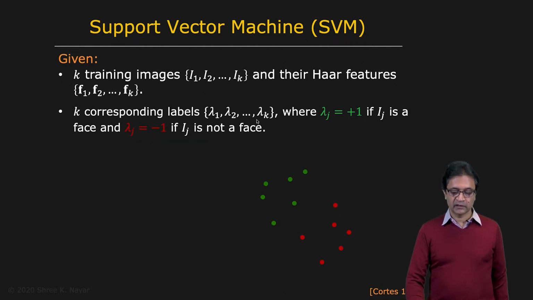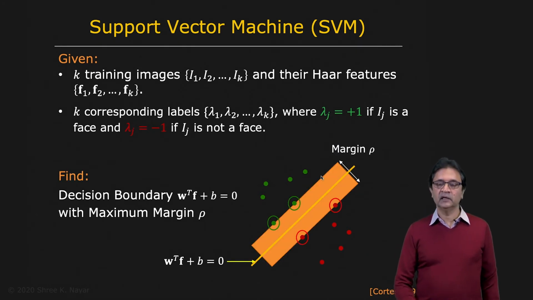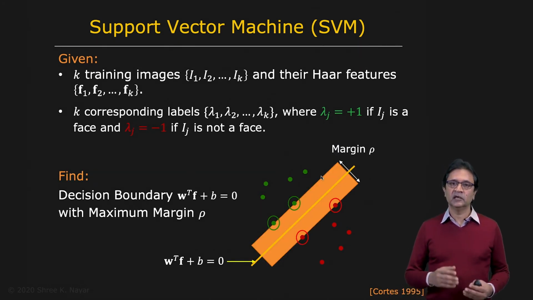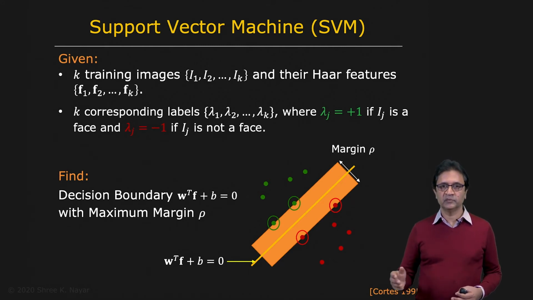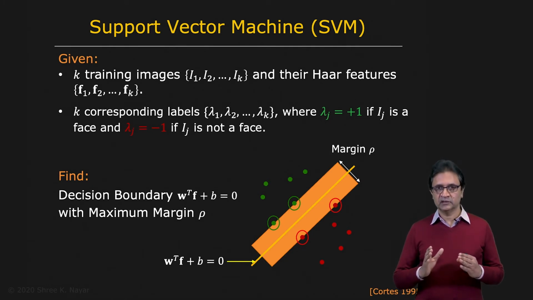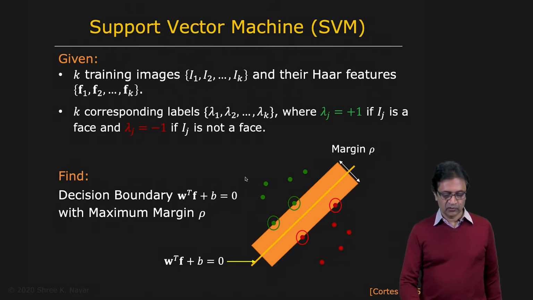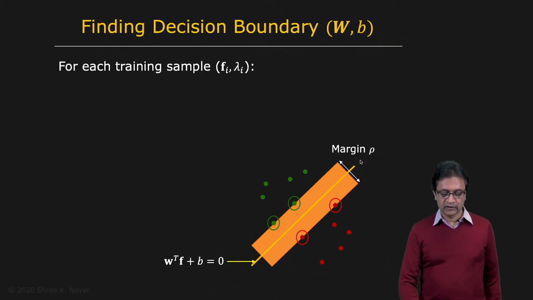So that's your training data right here, shown down here. And what we want to find is the decision boundary W transpose F plus B equal to 0, which gives you a maximum margin with a safe zone that has a maximum thickness rho right here. Okay, so let's see how we formulate this problem.